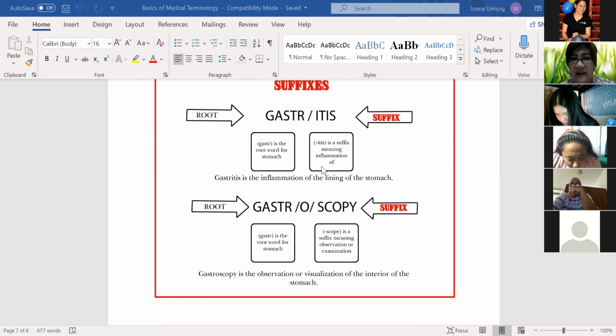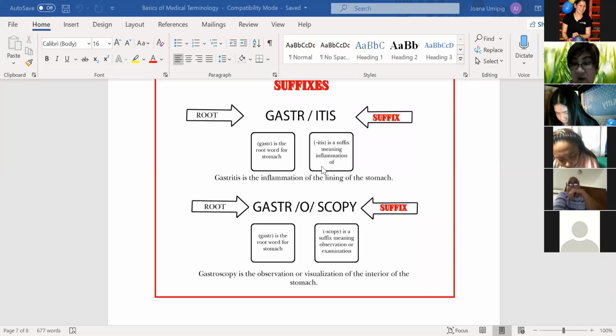So as I said, all those with -itis as suffix pertain to inflammation: gastritis, sinusitis, bronchitis. All those with a root word and a suffix of -itis. So remember that: whenever it's -itis, it's inflammation. Okay, so you won't get lost.